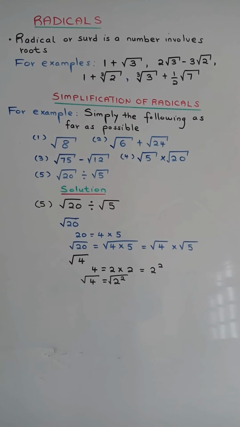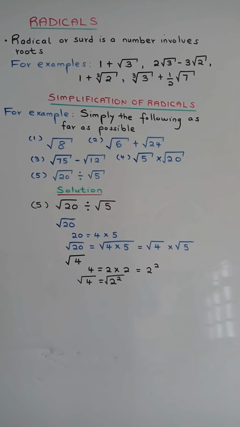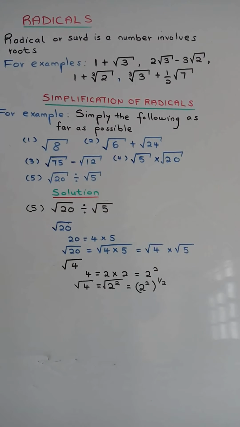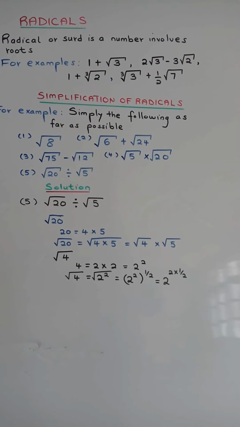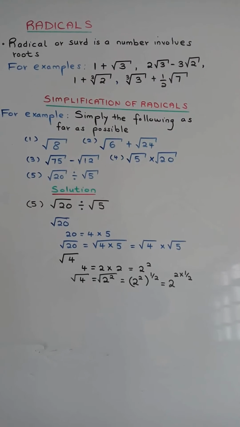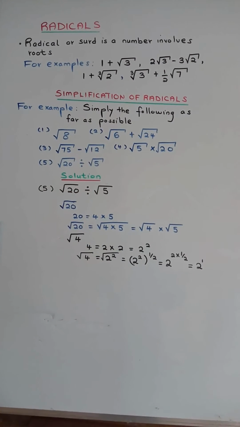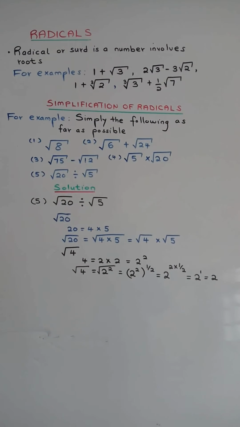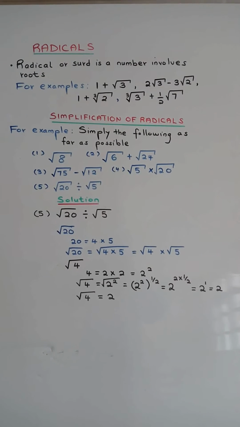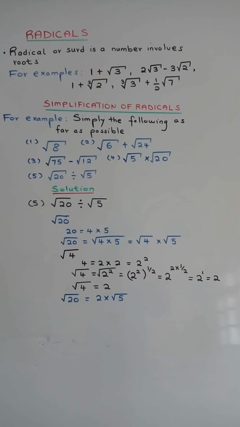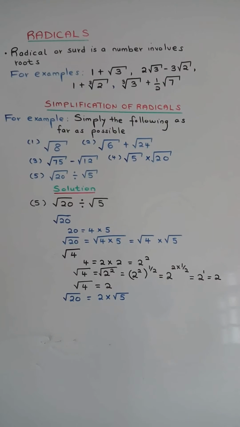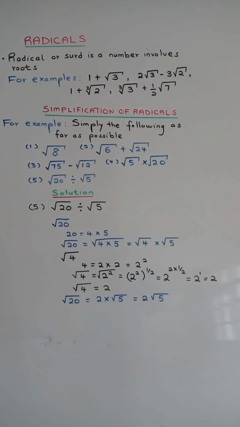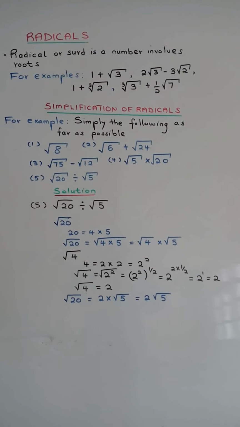Radical 4 is equal to radical 2 squared, which is equal to 2 squared raised to a half, which is equal to 2 raised to 2 times a half, which is equal to 2 raised to 1, which is equal to 2. Radical 4 is equal to 2. So radical 20 is equal to 2 times radical 5, which is equal to 2 radical 5.